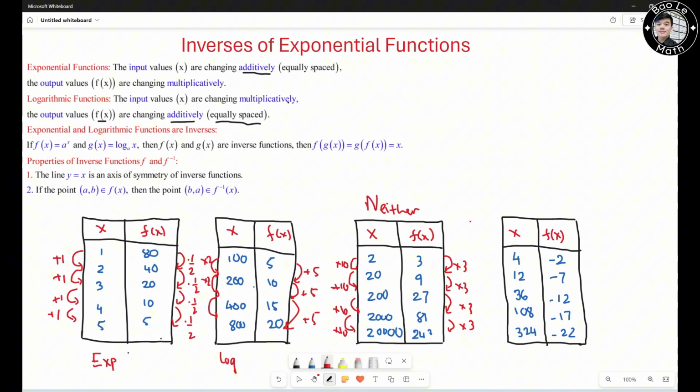Now the last one. The x values multiply by 3 each time to get the next value. The y values add -5 each time to get the next value. So this is a logarithmic function.